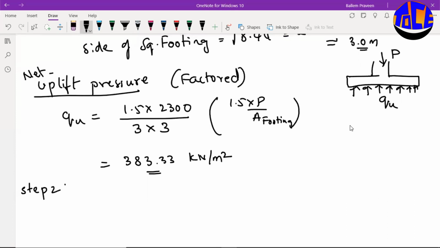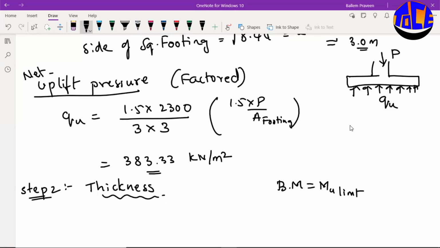What is step 2? We need to provide the thickness. As I told you, you can provide the thickness in both ways. You can use the bending moment and equate it with the Mu limit formula, and from this derive the effective depth.